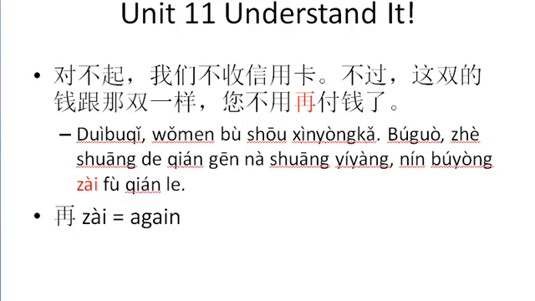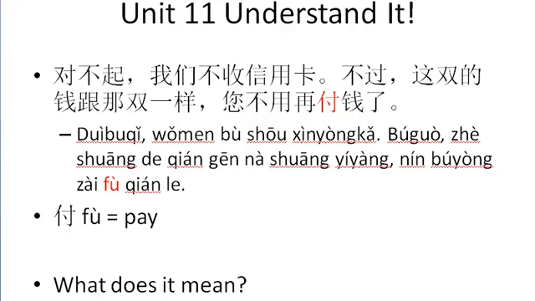What is this here? 付钱. You don't have to pay again. 您不用再付钱了. You don't have to pay again. So what does this mean? You should be able to sort this out. 对不起，我们不收信用卡，不过这双的钱跟那双一样，您不用再付钱了. Pause and write down what you think that means.